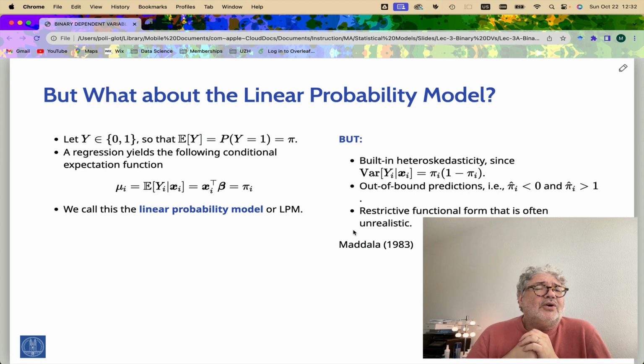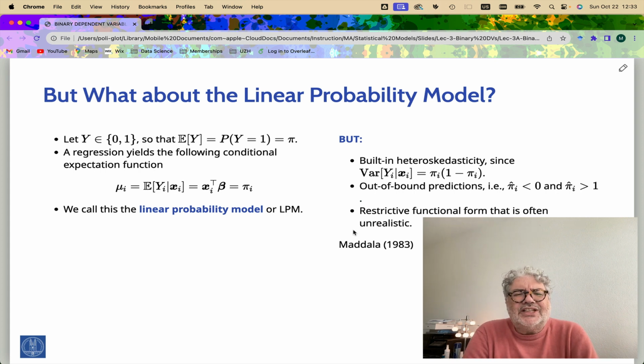The linear probability model says that the predicted probability pi sub i of someone voting, say, is equal to some linear function of the predictors in the vector x. But this model has a couple of disadvantages.